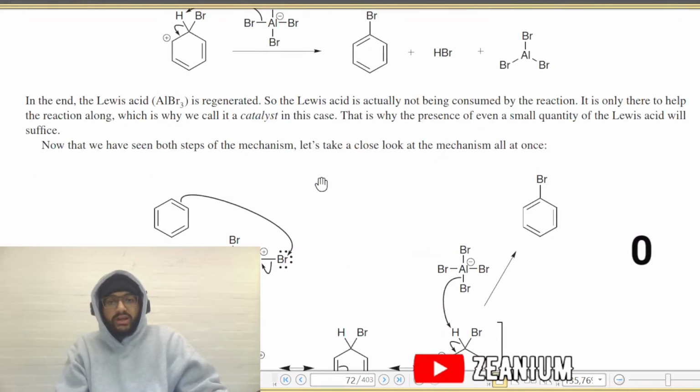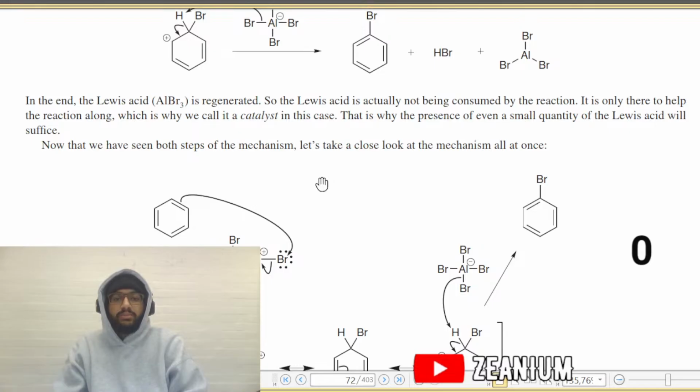In the end, the Lewis acid aluminum tribromide is regenerated, so the Lewis acid is actually not being consumed by the reaction. It is only there to help the reaction along, which is why we call it a catalyst in this case. That is why the presence of even a small quantity of Lewis acid will suffice.